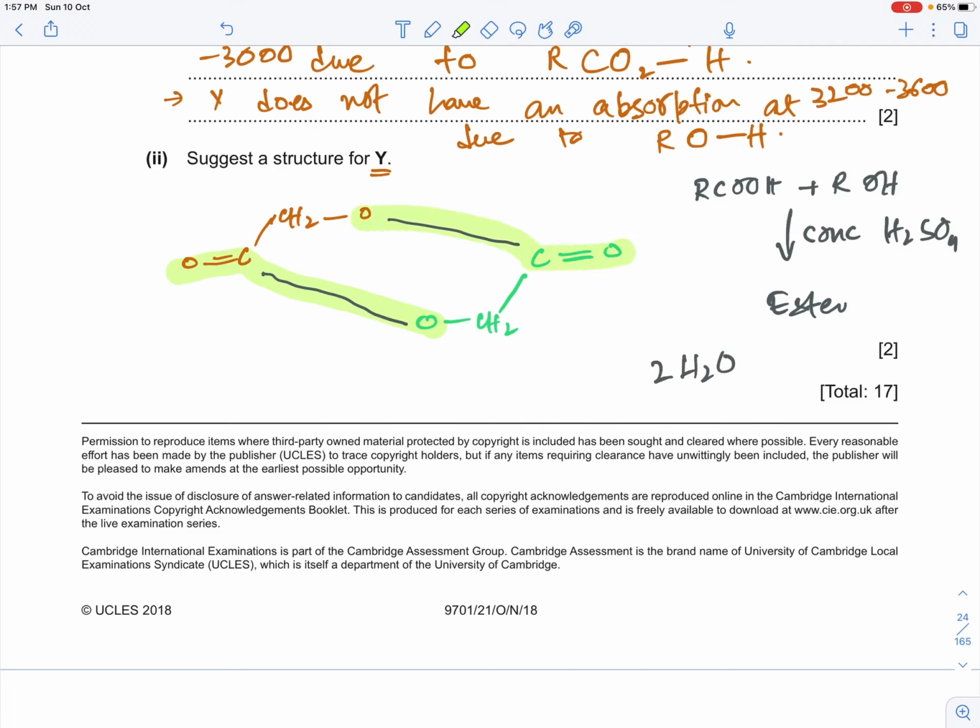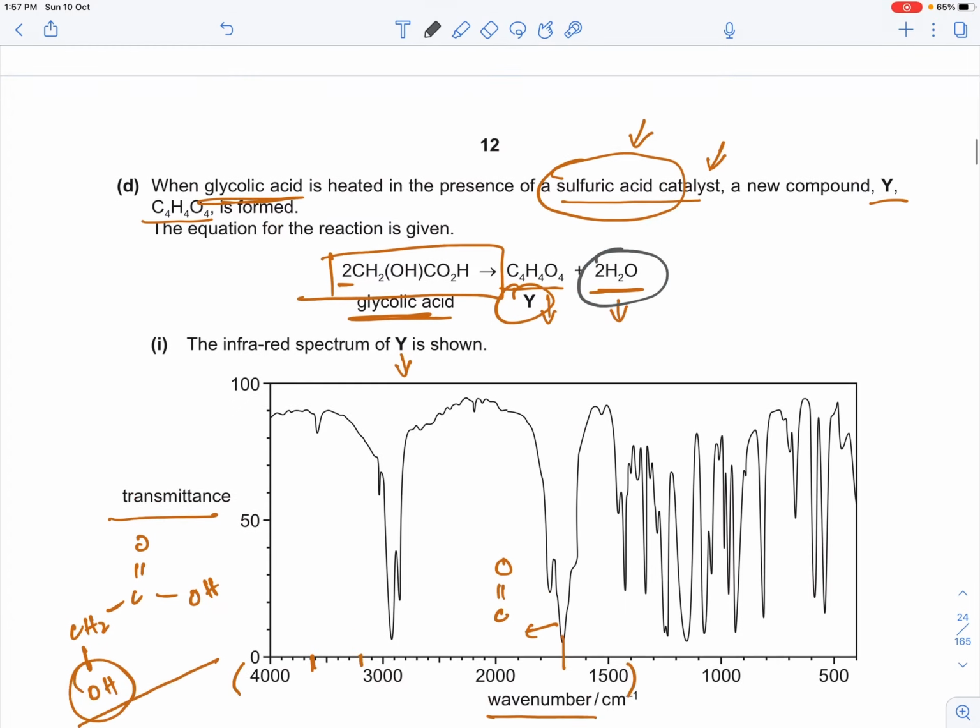And if you now write the molecular formula of this compound, it has 1, 2, 3, 4 carbons, C4, 2 plus 2, 4 hydrogens, H4, 1, 2, 3, 4 oxygens, so C4H4O4.